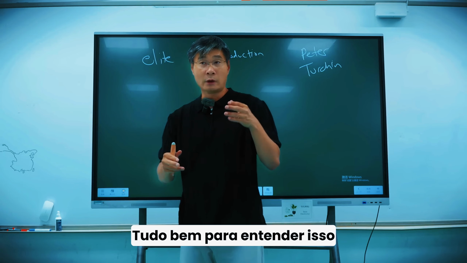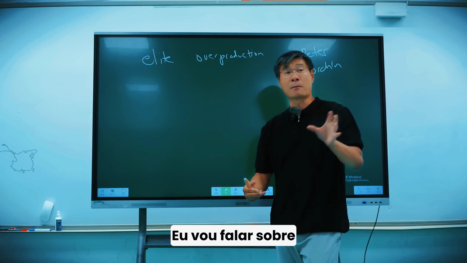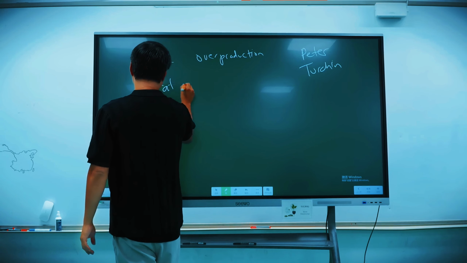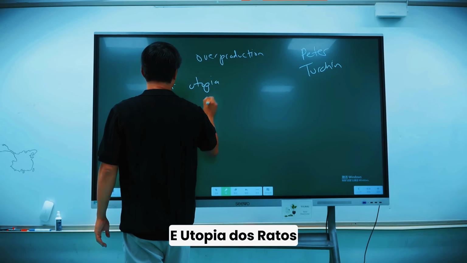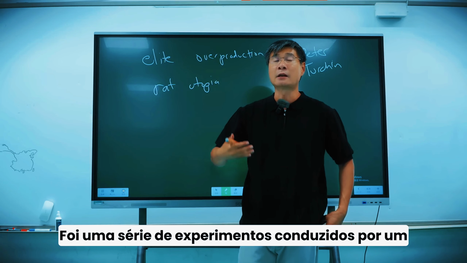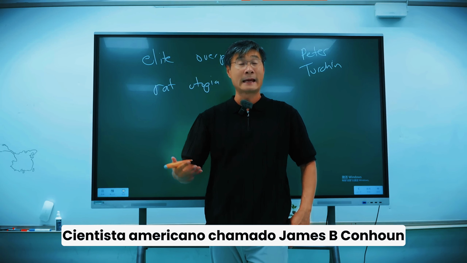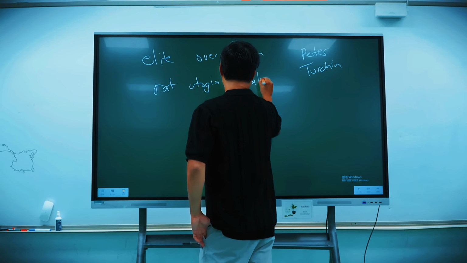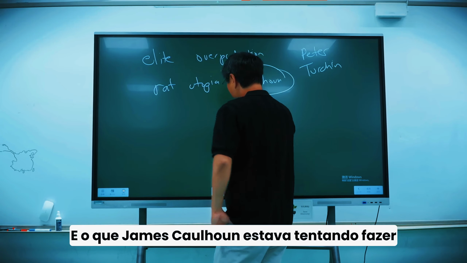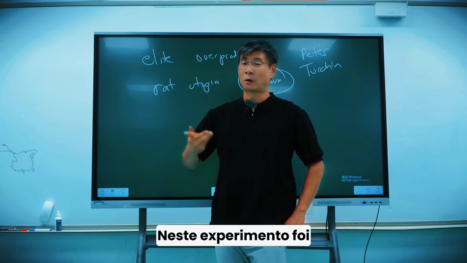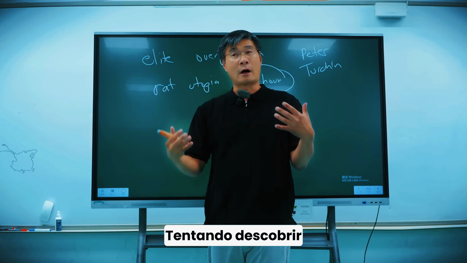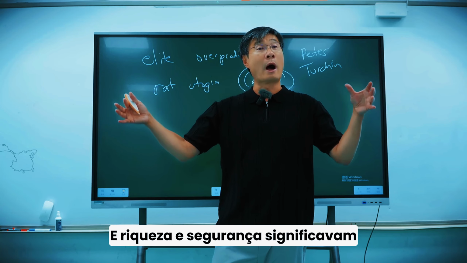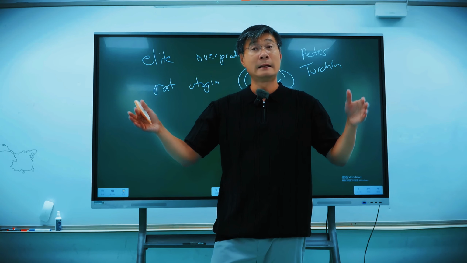All right? So to understand this, I'm going to talk about another experiment called rat utopia. And rat utopia was a series of experiments conducted by an American scientist named James B. Calhoun. And what James Calhoun was trying to do in his experiments was trying to figure out what living in a world of abundance and wealth and security meant.